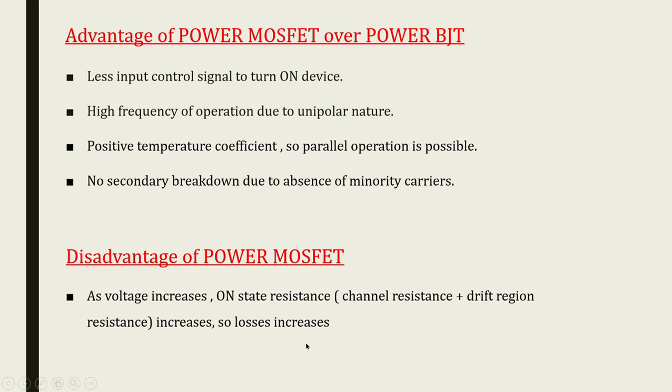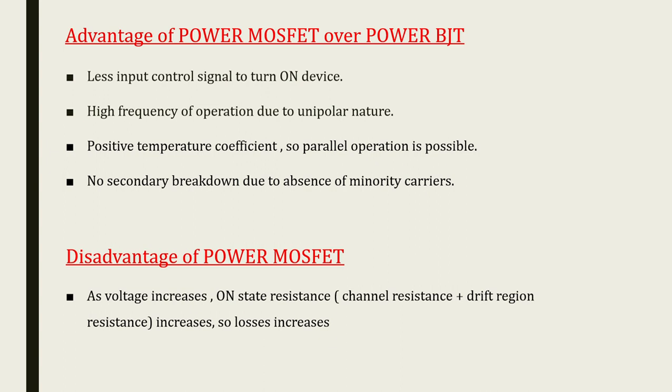But as only majority carriers are present in the power MOSFET, the switching speed will be faster, correct? So it can be used in high frequency operation. So majorly power MOSFETs are used in low power high frequency operation.